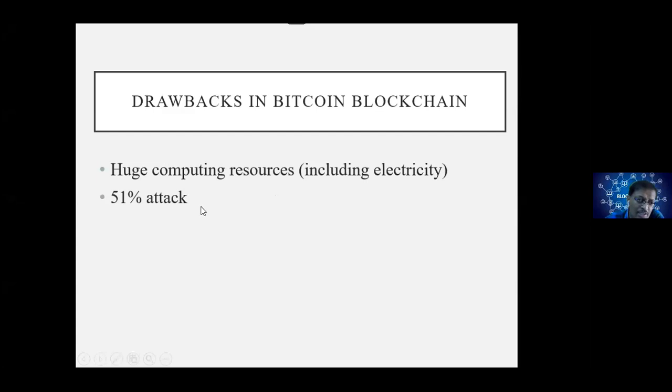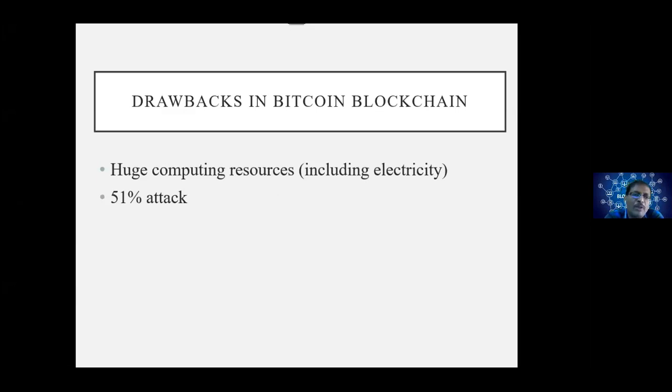Next, we have a threat to the Bitcoin blockchain, the 51% attack. For example, we have millions of nodes in the Bitcoin blockchain, but assume we have only 100 nodes. If 51%, that is more than 50 of them, gather together and use their computing resources, they can reverse the transaction in the Bitcoin blockchain.